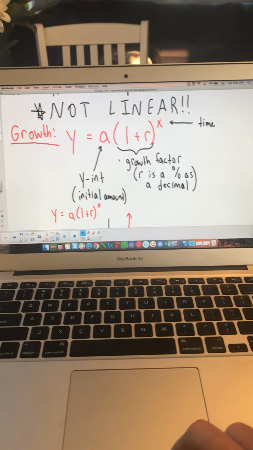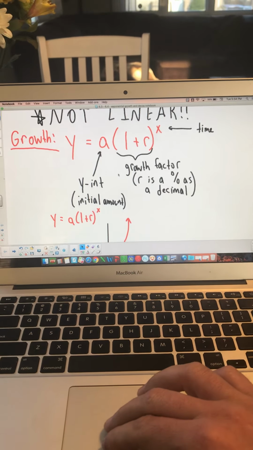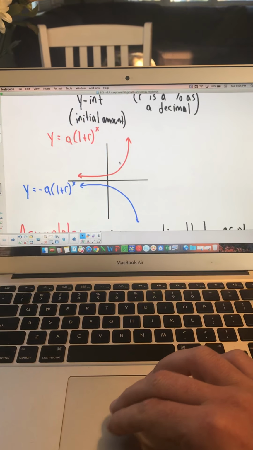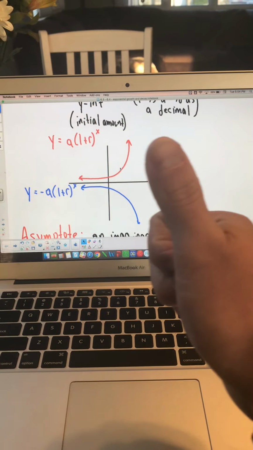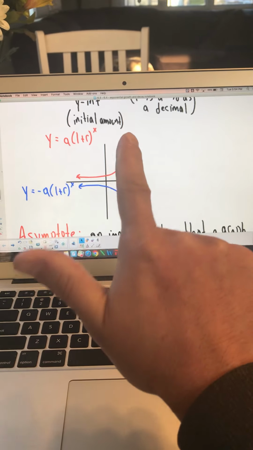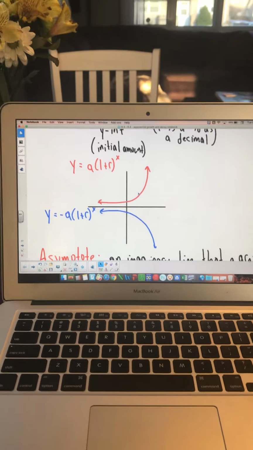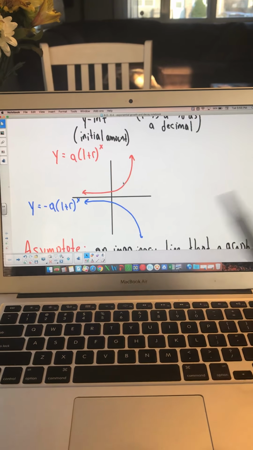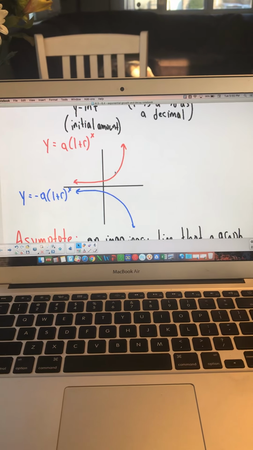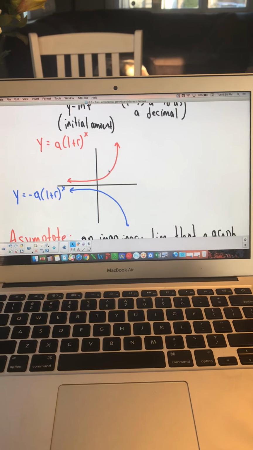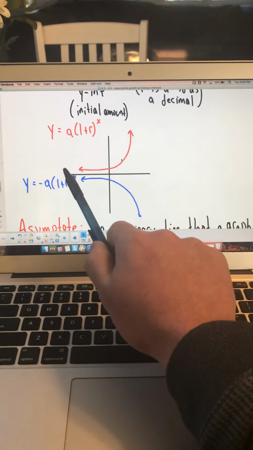So if you recall, when we talked about absolute value functions, ooh, I missed one. Linear, exponential, absolute value. This is our third function we know. Absolute value functions had a parent function that we relate everything to. So here are the parent functions for exponential growth. Notice, curve now.